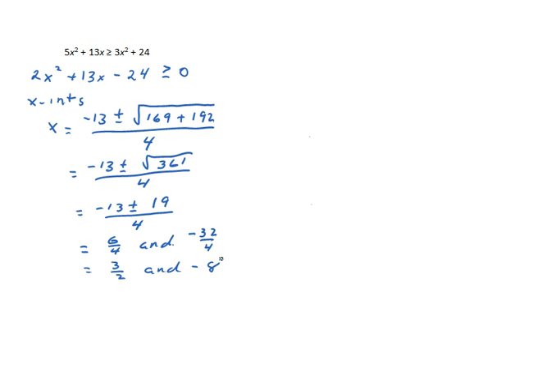And so when we draw our parabola here, we're going to have -8 and 3/2. It's going to open up because the leading coefficient is positive.